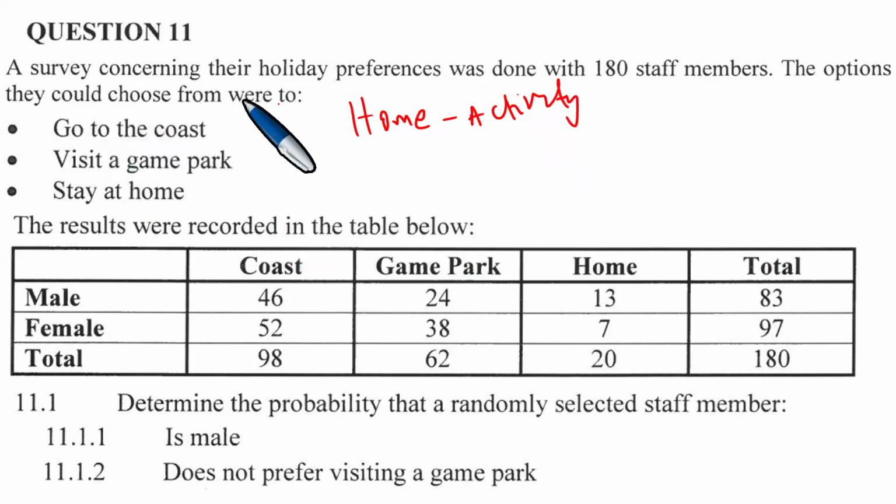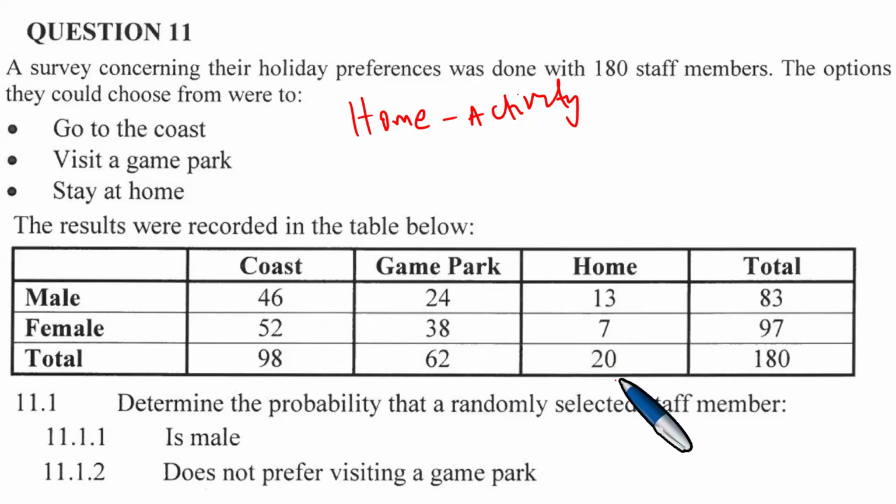A survey concerning their holiday preferences was done with 180 staff members. The options they could choose from were to go to the coast, visit a game park, or stay at home. The results were recorded in the table below: male, female, total. The coast 46, 52, 98. The game park 24, 38, 62.